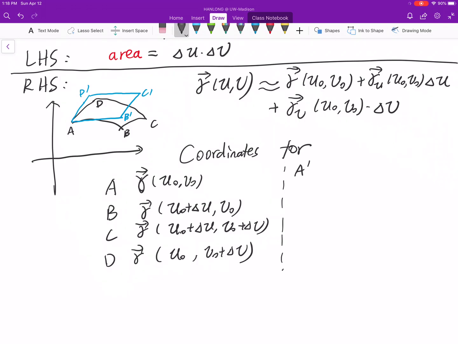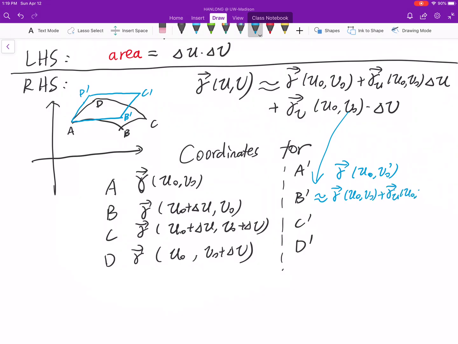On the other hand, we can compute A prime, B prime, C prime, D prime by linear approximation. So on this side, you have A prime is just A, so it's this one. And what is B prime? B prime should be a linear approximation for B, and apply this formula here. So this is approximately equal to gamma(u0, v0) plus gamma_u(u0, v0) times du, because dv is 0 here.